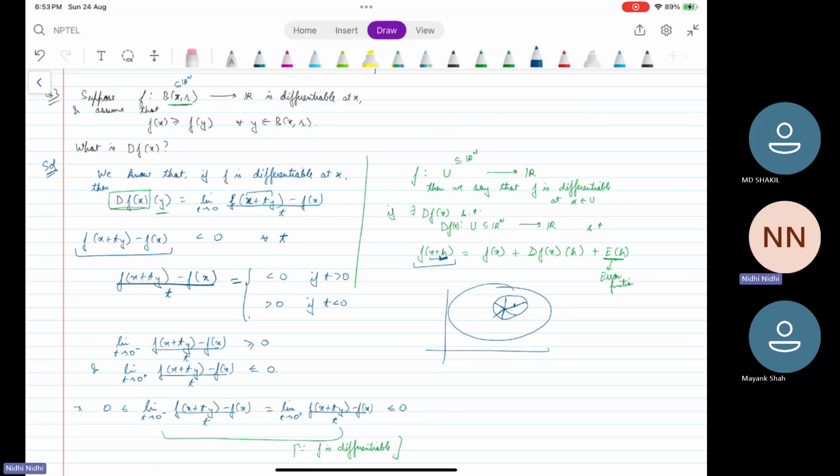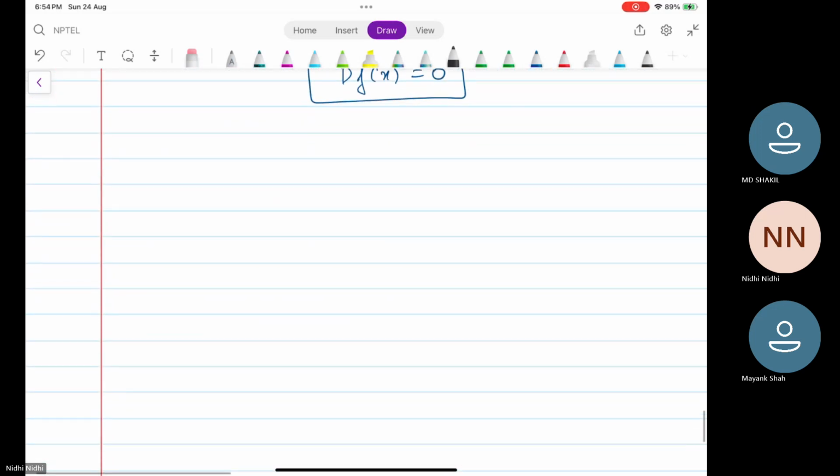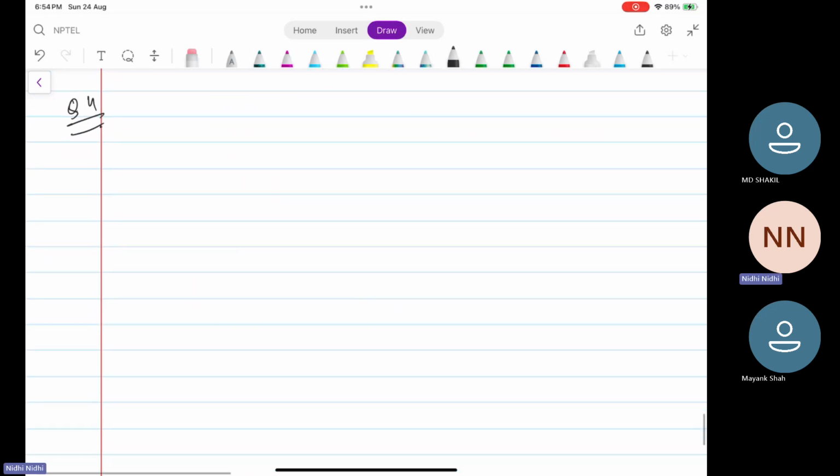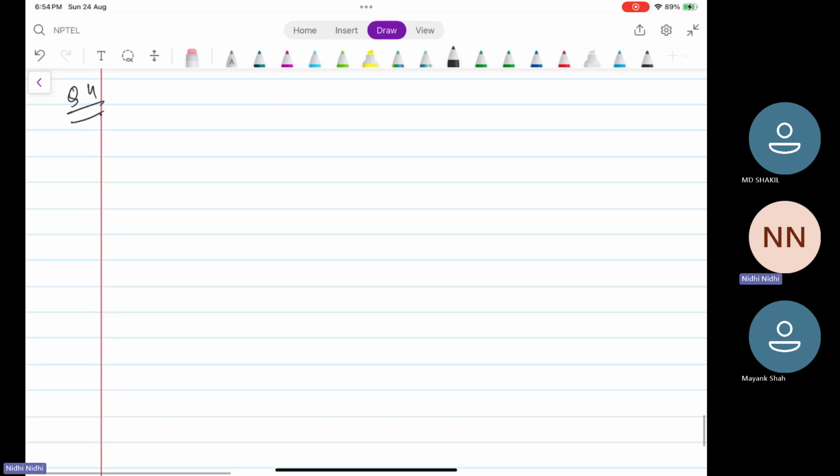Okay, so let's move to the next problem. Next, we'll be using the method of Lagrange multiplier. Number 4. Let S be a subset of U, the level hypersurface. Do you know what we mean by level hypersurface?